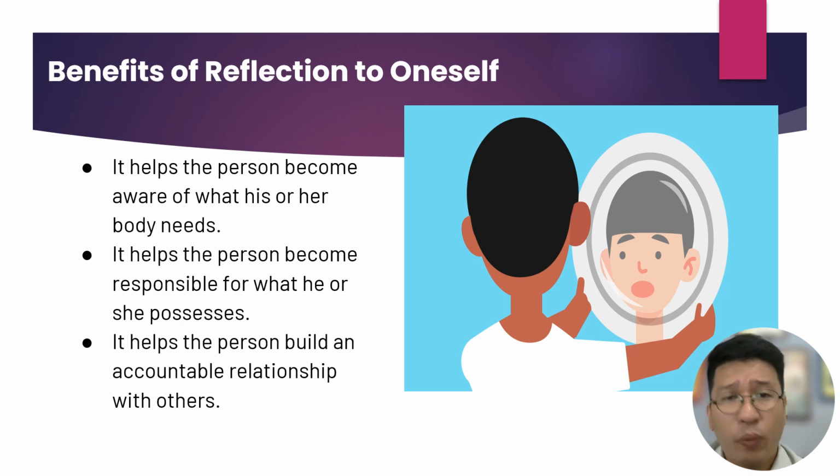Can you suggest ways how to make yourself healthy? The question may include ways to become emotionally, physically, mentally, and spiritually healthy. Reflection helps you take care of what you have.